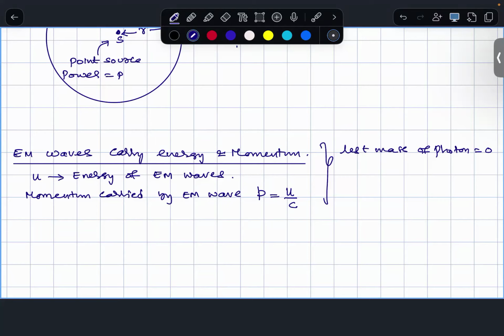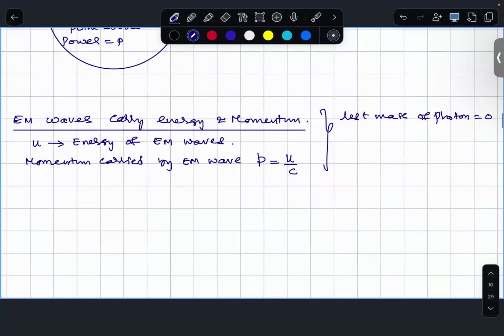You can feel the pressure or force exerted by electromagnetic fields. In the process, for example, suppose you meet with some surface which is a perfect absorber.